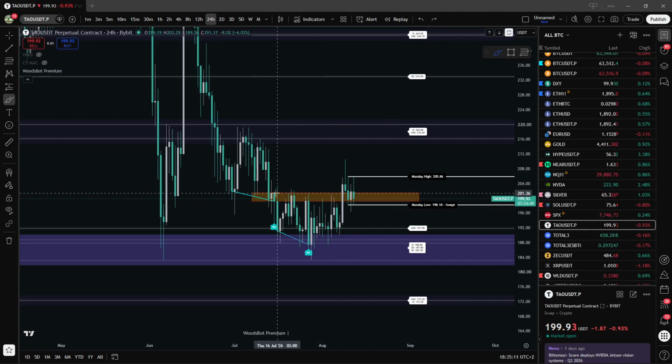You have this supply zone right there, and it hit the supply zone right here. You have all of these highs right here. Tau managed to close a daily candle above this, but it's lingering around this now support.